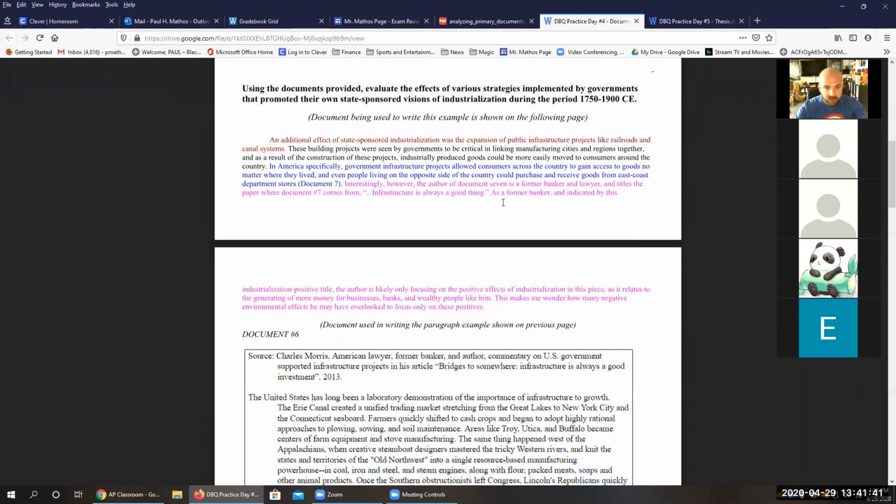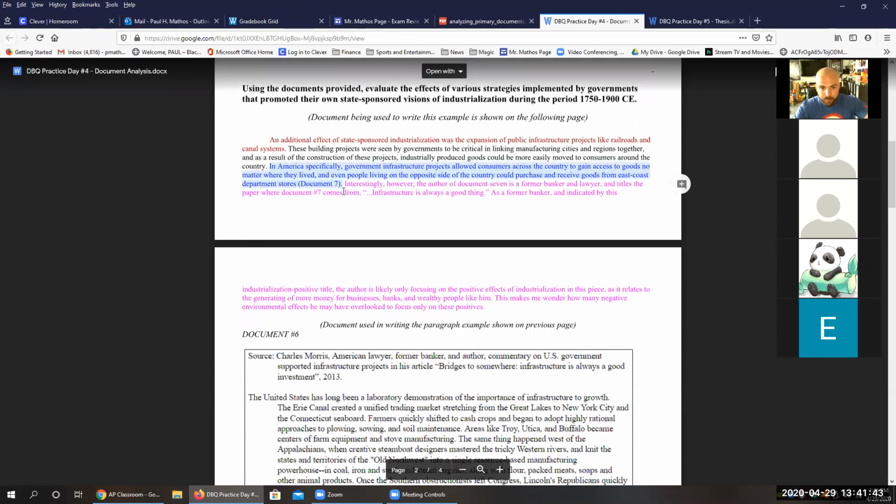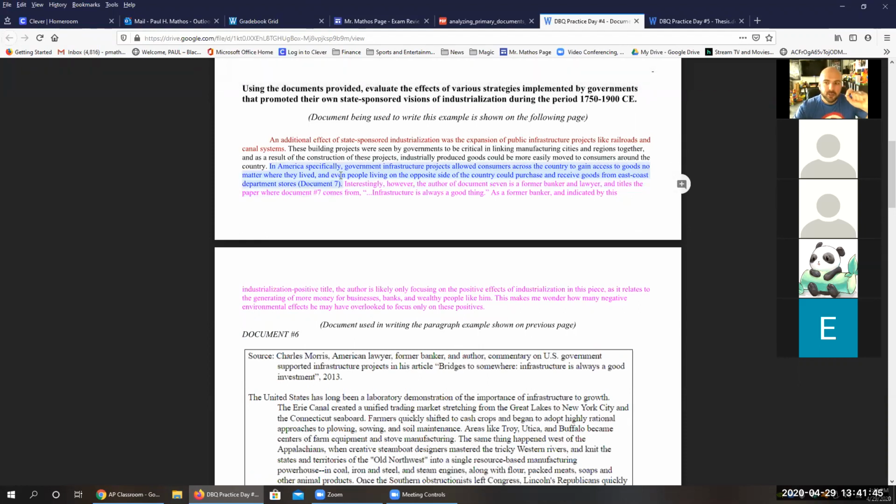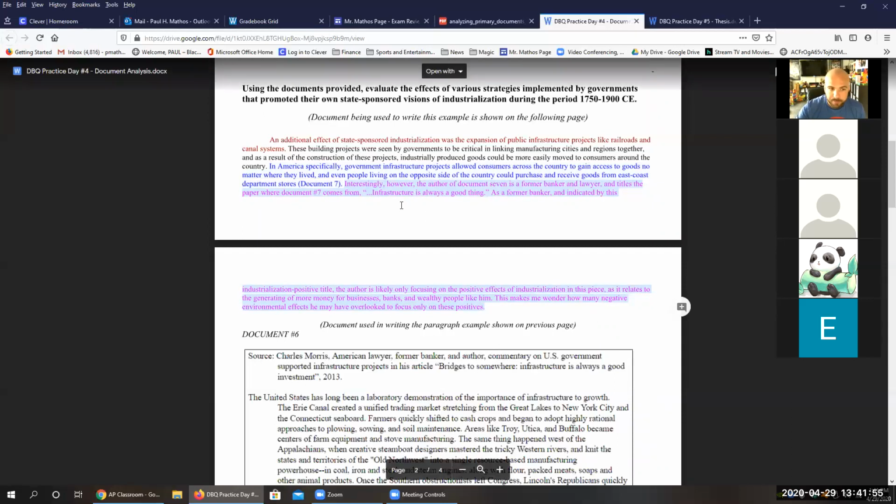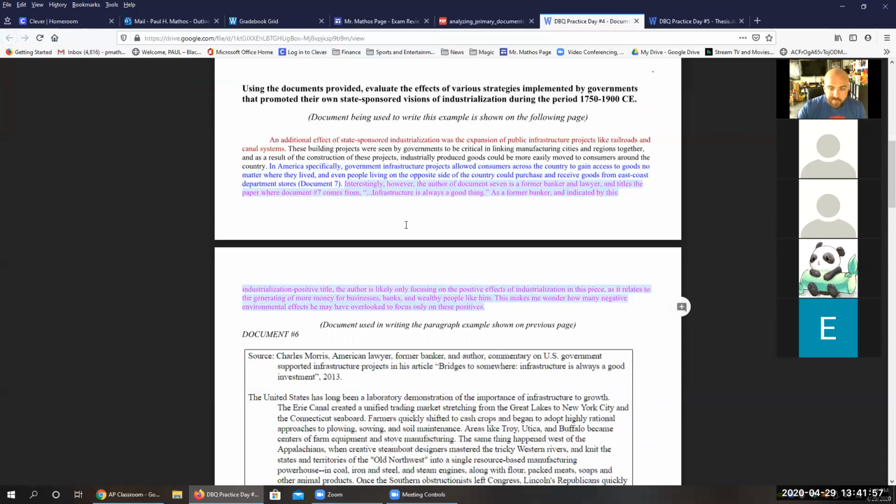What all you guys are saying right now is this blue part. You're still trying to use it to support the document. Read this pink again. This does not focus on your argument. Oh, okay. But it focuses on the document itself, the analysis of it.